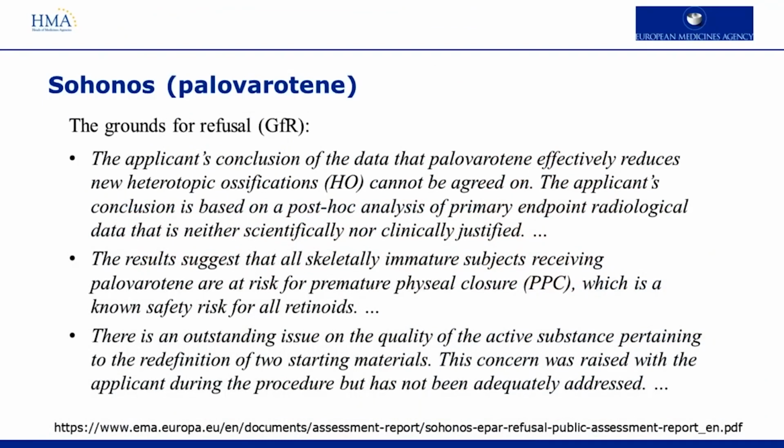So, as a consequence, CHMP could not accept this post hoc analysis as a basis for the conclusion on efficacy. CHMP could not accept that this post hoc analysis could overrule the negative result with a pre-specified endpoint.